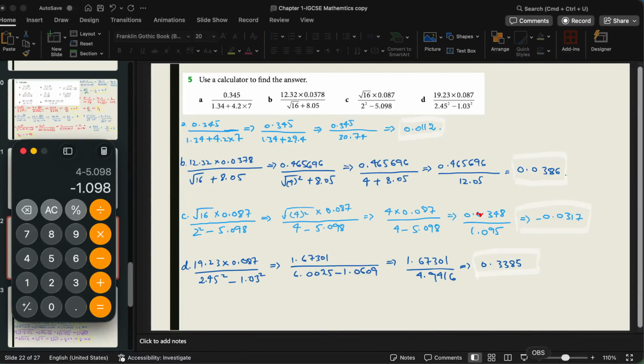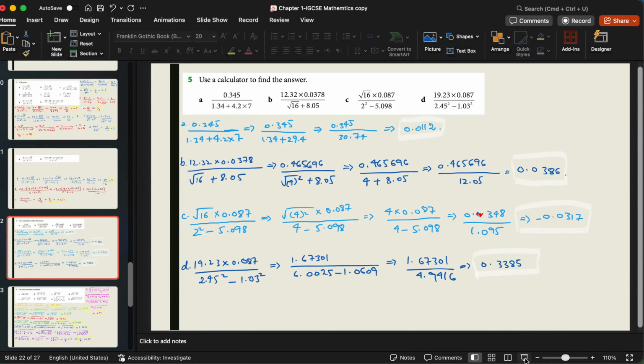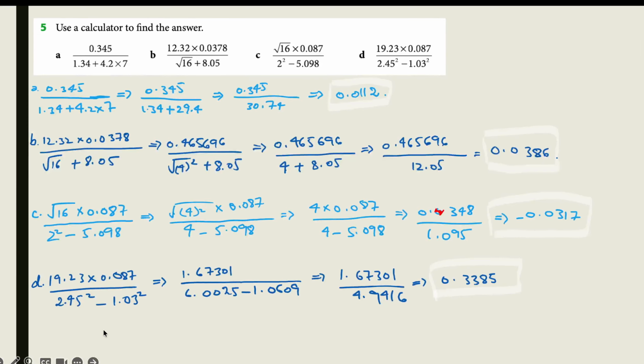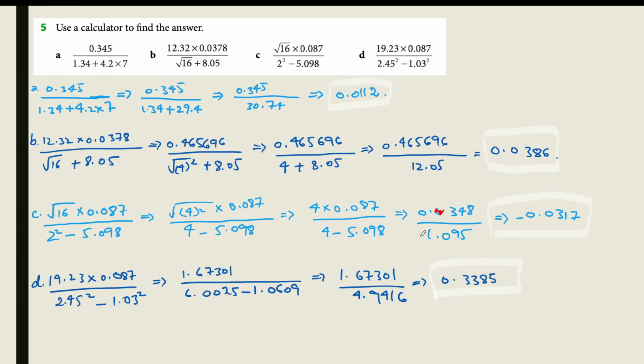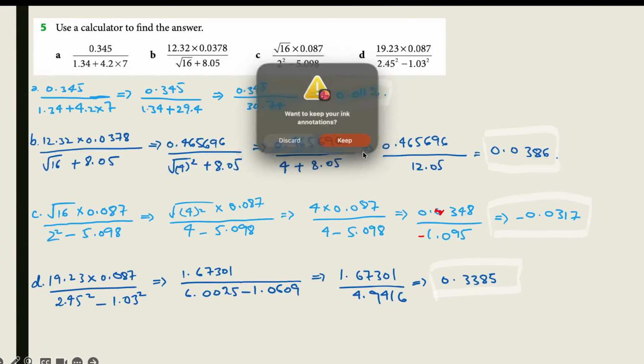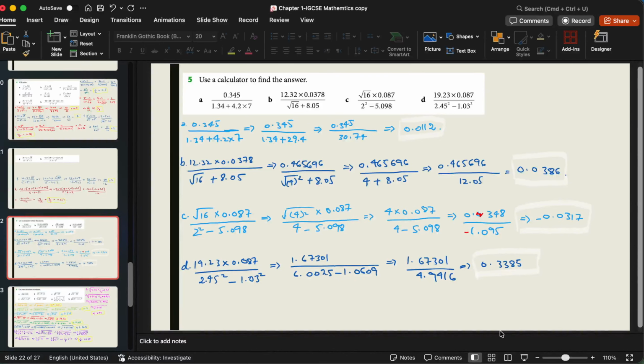So in here I have forgotten to mention the negative sign, so I will do it now. We keep it and then we move forward.